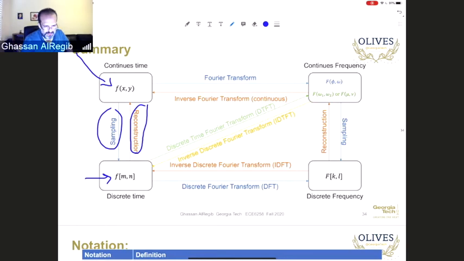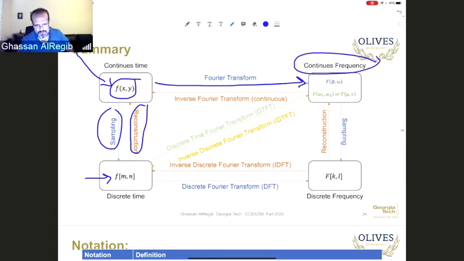Then you can get a representation of the continuous time signal back. If you do Fourier transform for the continuous signal, you get the discrete time Fourier transform of the discrete signal, right? Remember that's f of parentheses, not brackets, of phi and omega, or f of mu and nu.